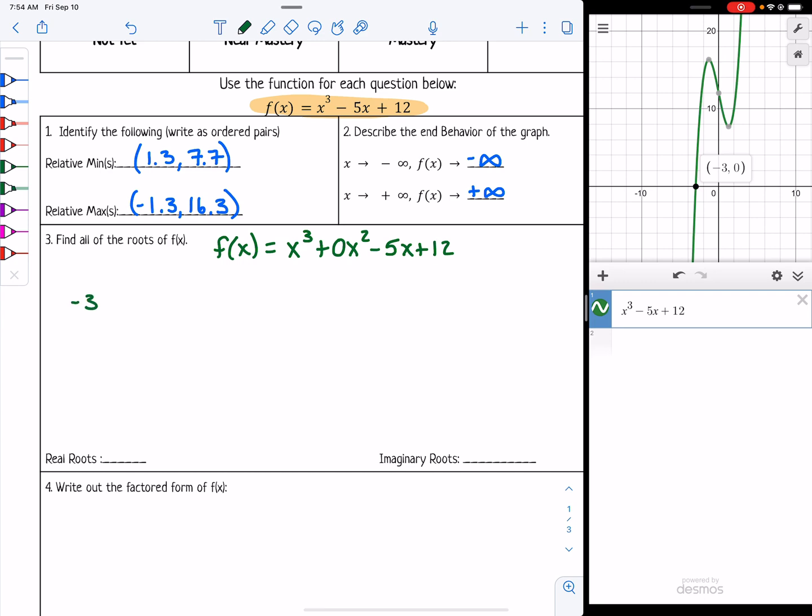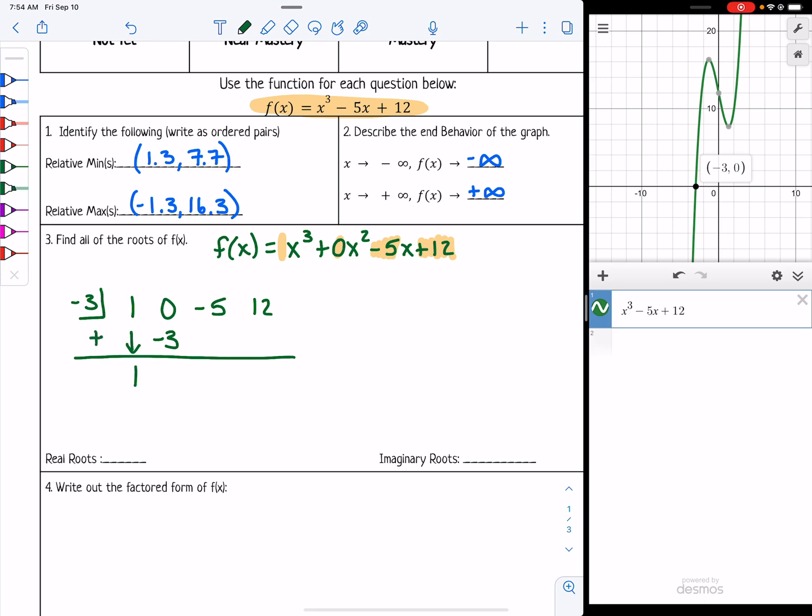So let's start with negative 3 in the box for synthetic division, and let's write out the coefficients of our polynomial: 1, 0, negative 5, and positive 12. It's really important to remember the 0. Then bring down the 1 to get started. Then 1 times negative 3 is negative 3, and we write it underneath the second number.